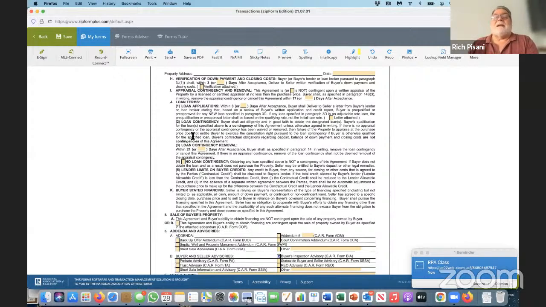So what does that mean? If you've waived the appraisal contingency and it doesn't appraise, but you still could qualify for that loan based on everything else, you can't cancel because of the loan, because you still qualify for the loan. So you have to come up with that extra money in order to make the difference.